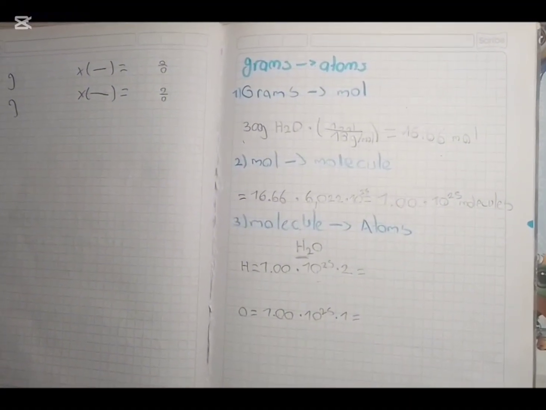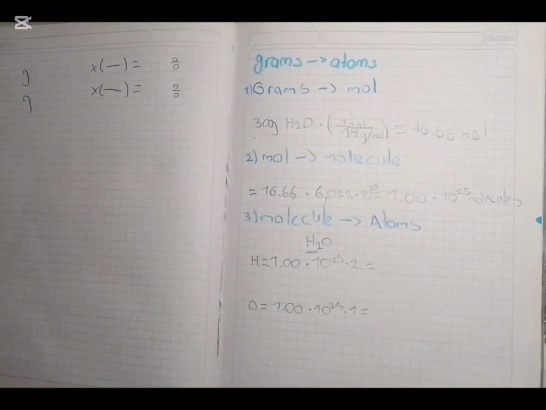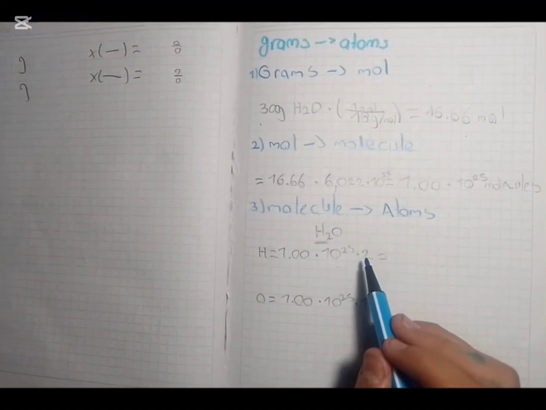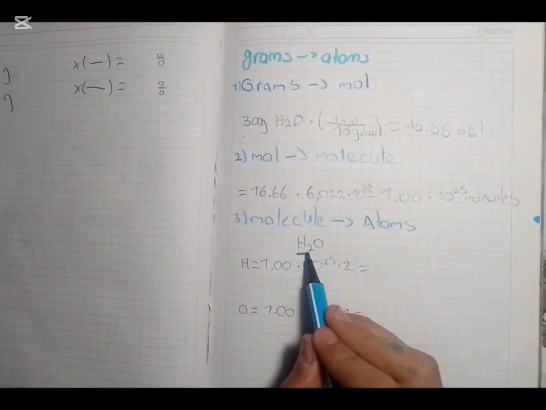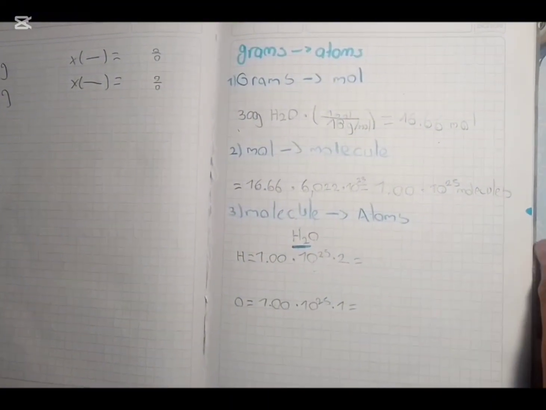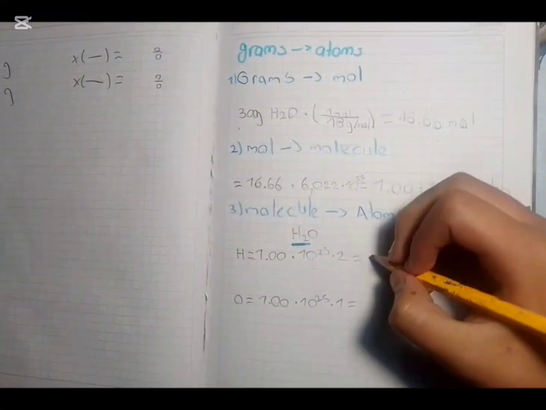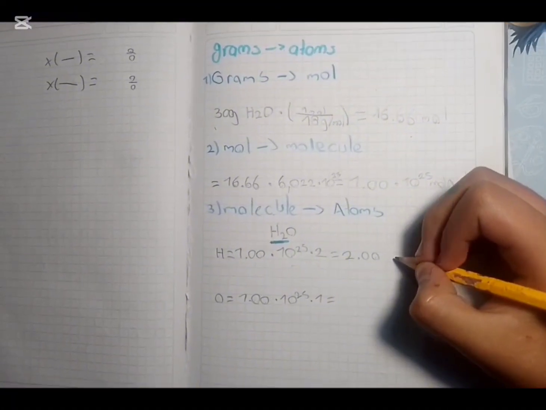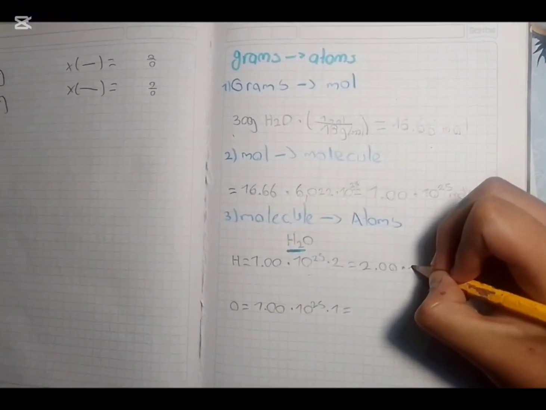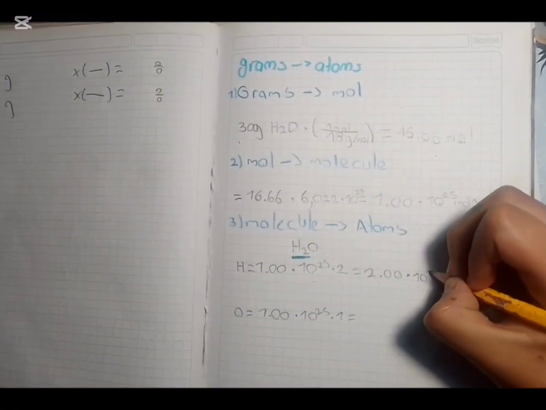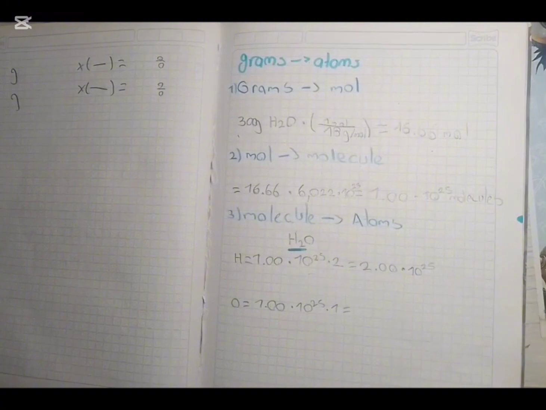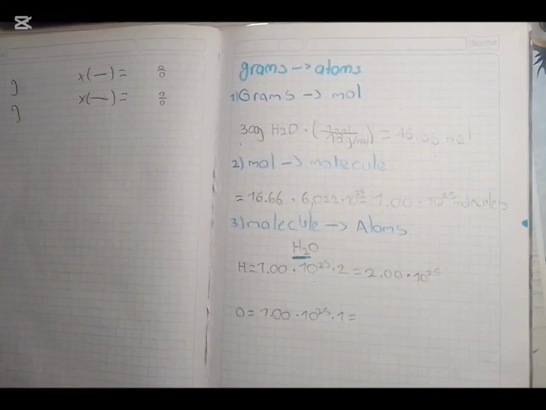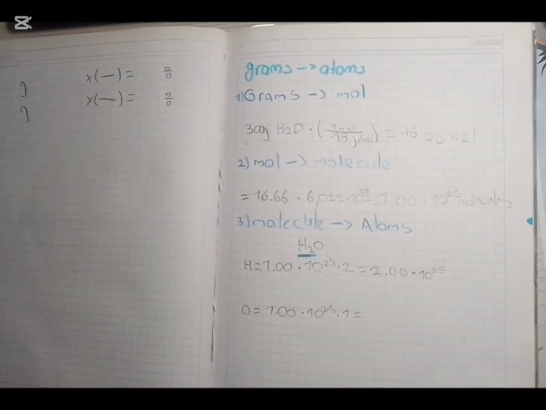Because I have hydrogen, I multiply the molecules of water by 2, because I have 2 hydrogens, and the result is 2.00 multiplied by 10 to the 25.